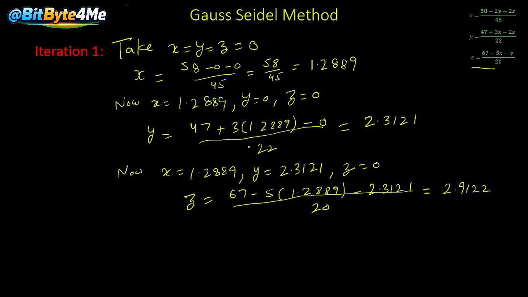So now we have all the values of x, y and z. In the next iteration we will use these values.